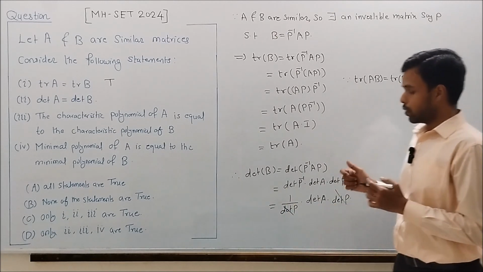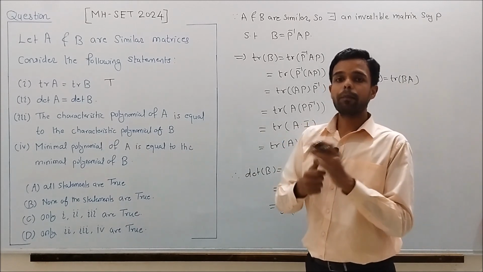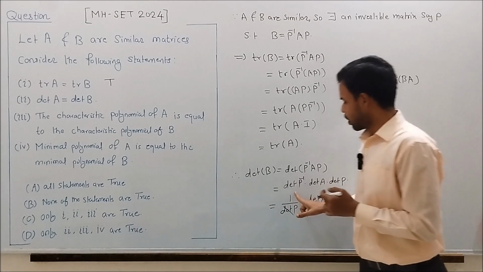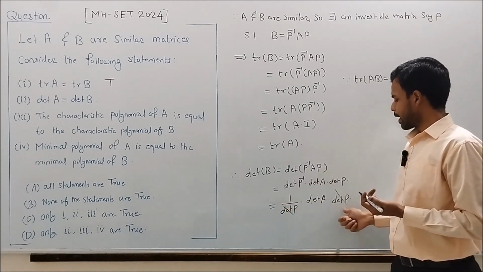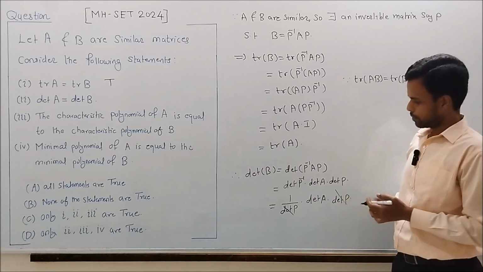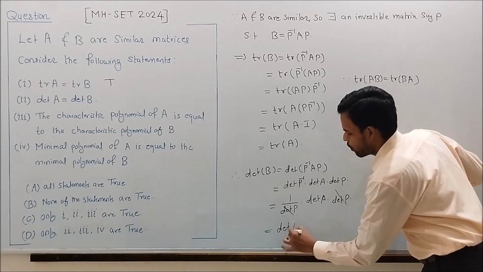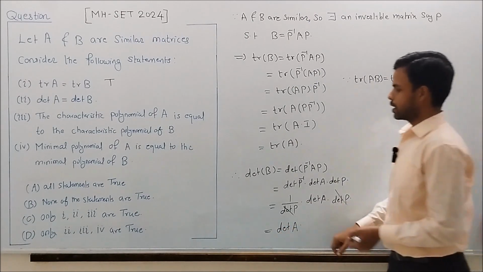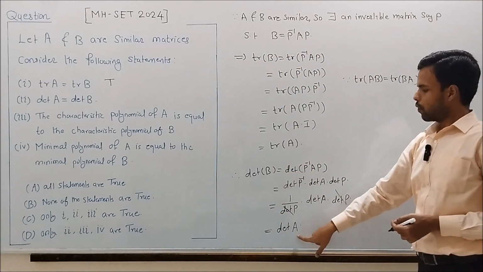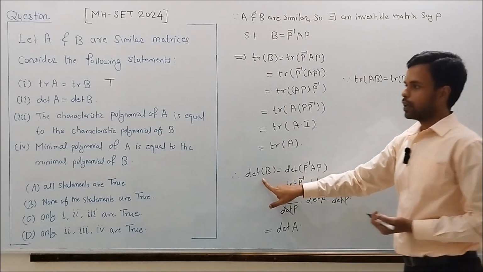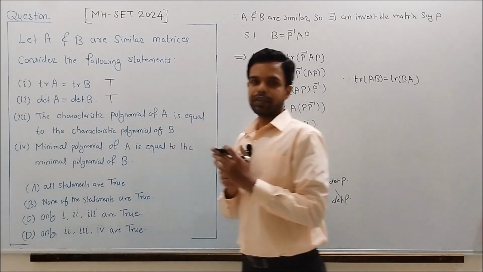Why? Because as P inverse exists, determinant of P is not equal to 0, so 1 upon determinant of P is well defined. What remains is determinant of A. Thus, if A and B are similar matrices, then determinant of A is equal to determinant of B. So statement 2 is also a true statement.